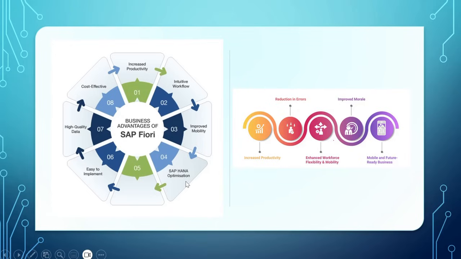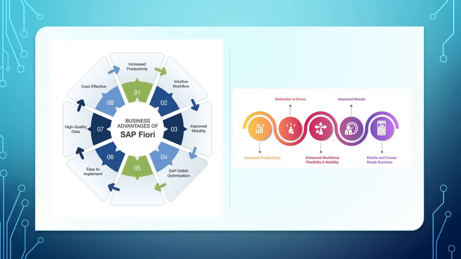Then SAP HANA optimization. Fiori leverages SAP HANA for real-time performance and analytics, making transactions lightning fast. And it is also easy to implement. Why? Because we already have predefined templates and standard apps, and deployment is quicker and more consistent. It also gives high quality data.